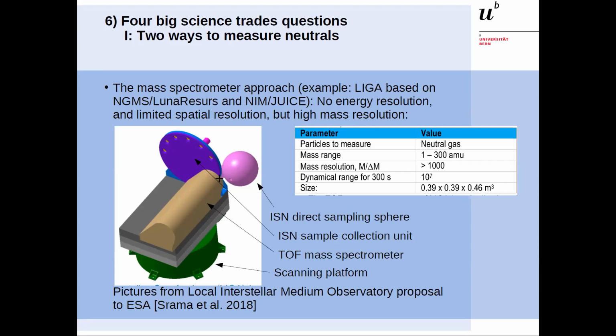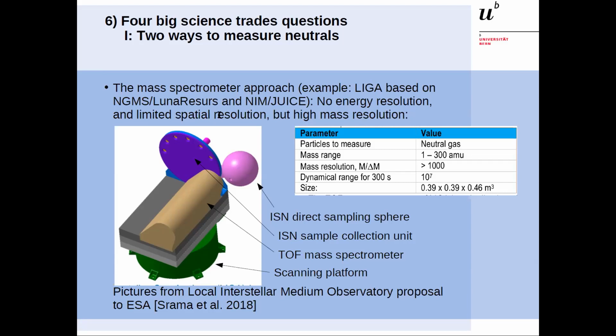But the basic thing here is, this is a mass spectrometer, so it means you have no energy resolution. You cannot tell, was this an interstellar neutral that came in with 20 eV or with 30 eV? You thermalize the stuff and then you measure it. So you don't have any energy resolution. And of course, you also only have limited spatial resolution, basically depending on where you point your instrument.